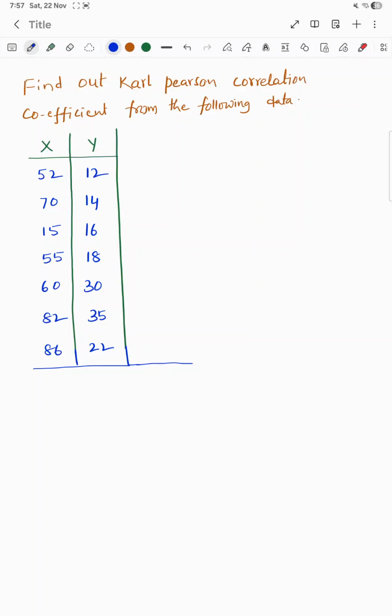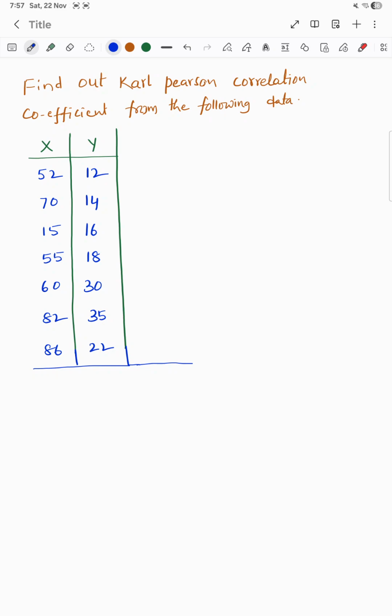In this video, I'm going to explain Karl Pearson correlation coefficient. In this model, you will be given the observations for two variables x comma y.